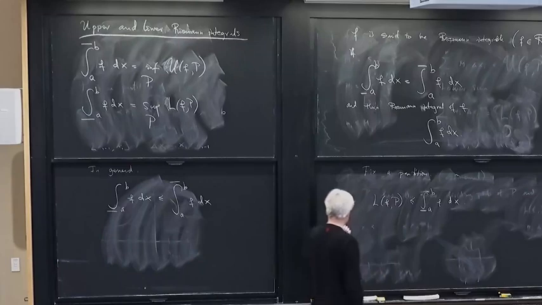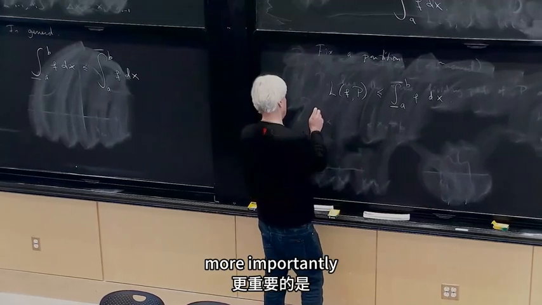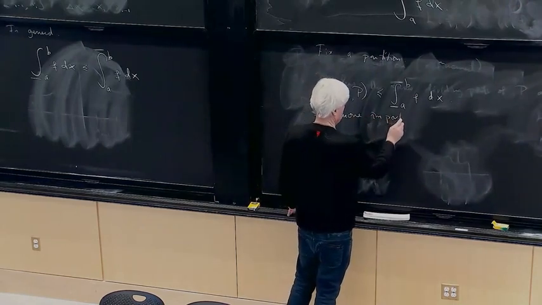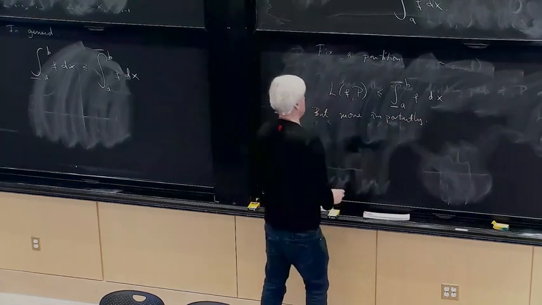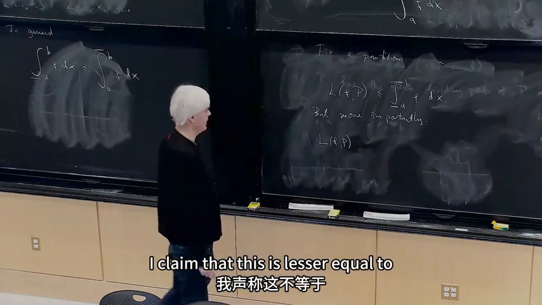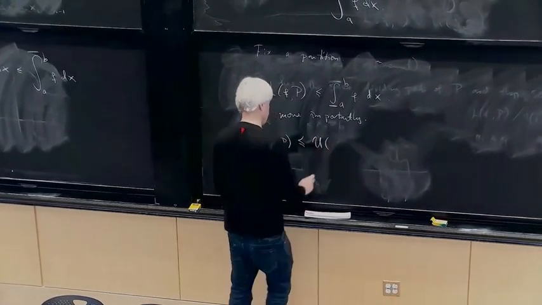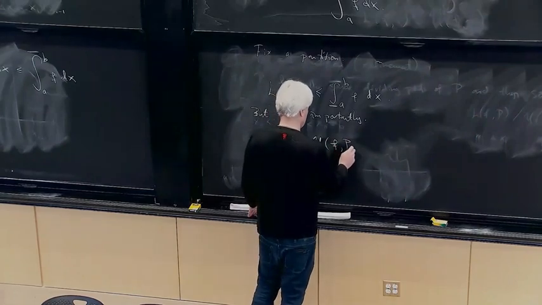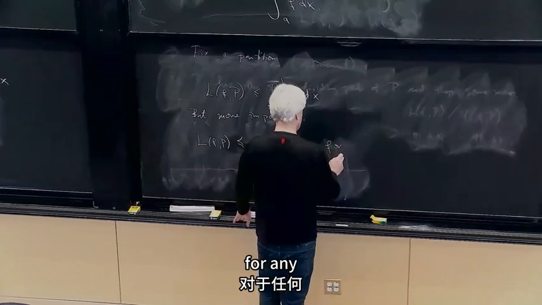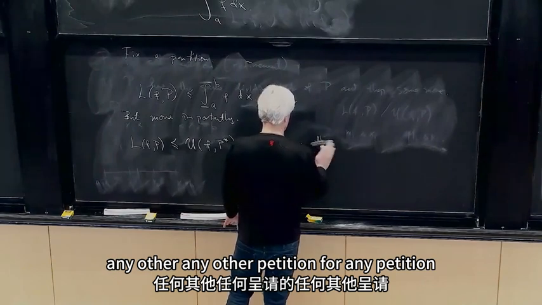So you have that. But in fact, what you also have, but more importantly, you have that this L of F here, I claim that this is less or equal to the upper sum for any other partition, for any partition.